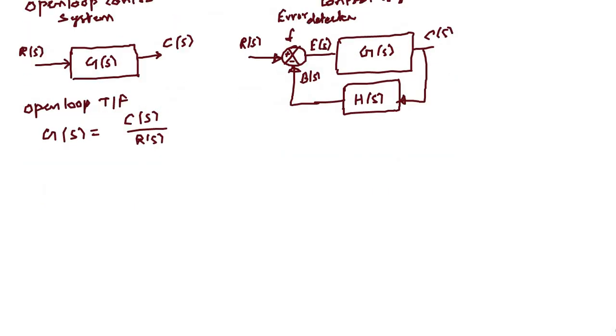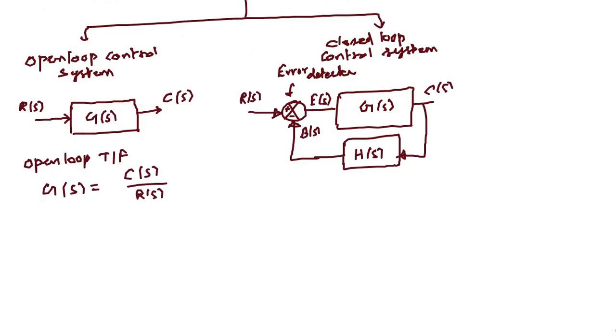So the full block of the system will have a gain that is called the closed loop gain or closed loop transfer function. So the system is a closed loop system. I'll represent that by using a dotted line, and it has a transfer function.